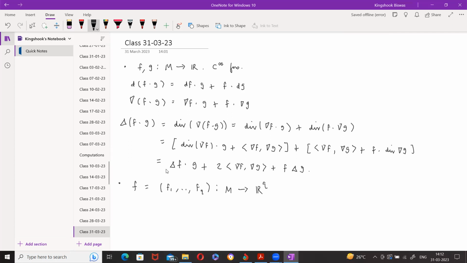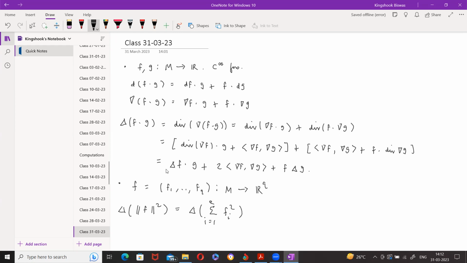So then we can look at the function norm f squared, and we can look at the Laplacian of this. So this norm squared is the Euclidean norm squared. So this is the summation i goes from 1 to q of fi squared.